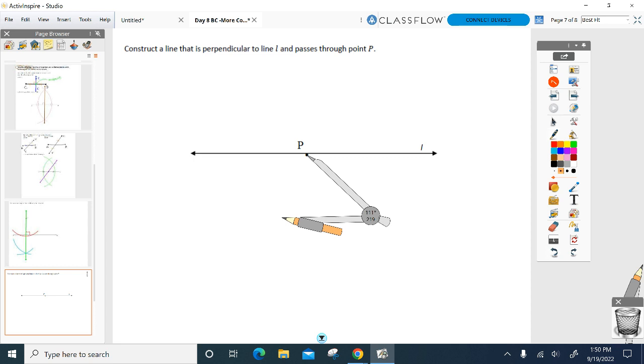If your arcs are intersecting right on point P, you have to open up your compass a little wider, remember.